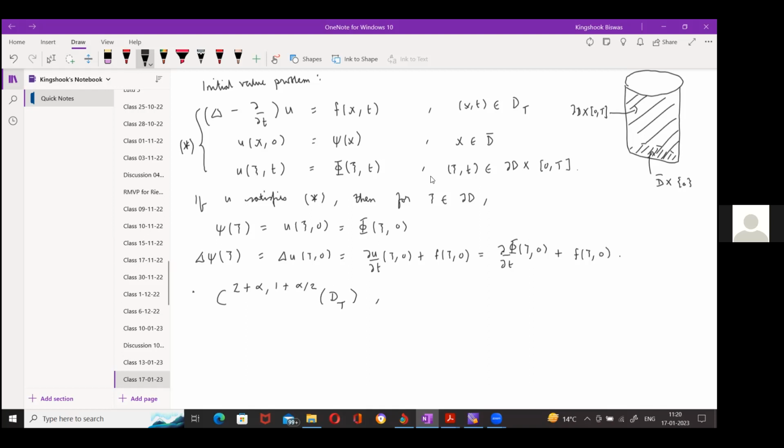And so what will happen is you want a solution u which belongs to this Holder space. And your data f should belong to the Holder space C^{alpha, alpha/2} in the cylinder.